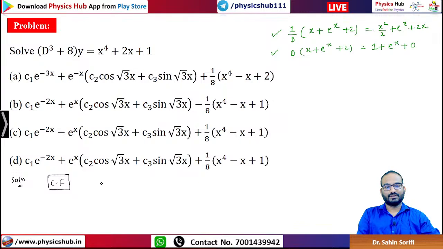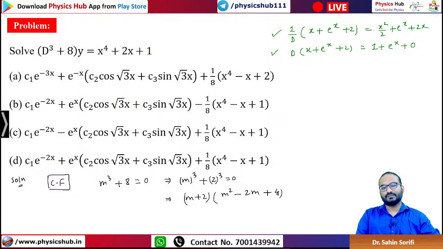Complementary function: now it will be m cube plus 8 equals 0. So this is the a cube plus b cube formula, isn't it? (m plus 2)(m square minus 2m plus 4).